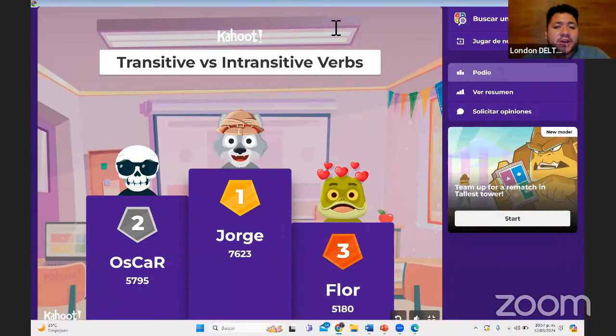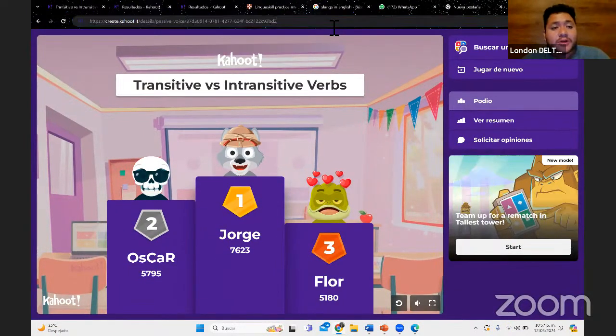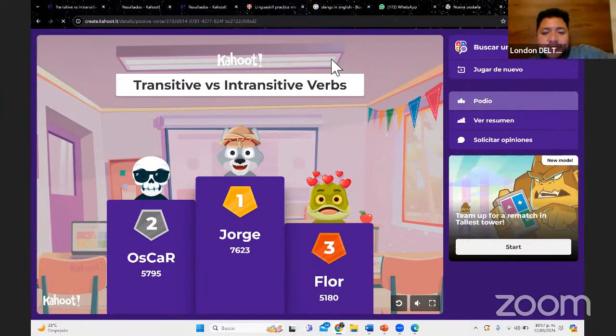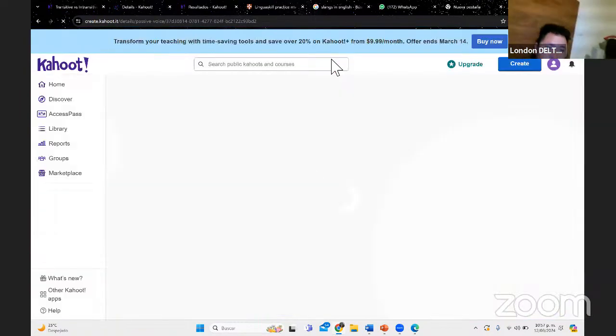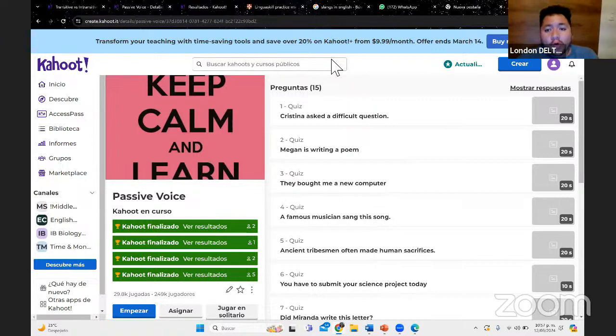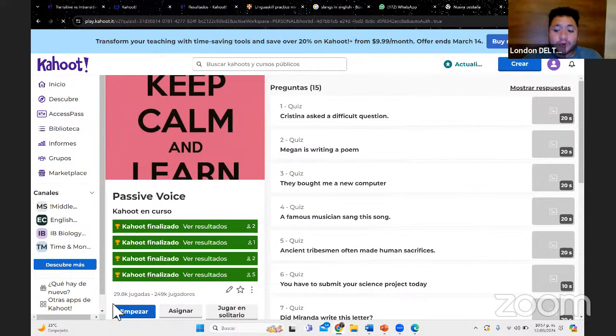And there are verbs, como el ejemplo que nos había comentado Flor, grow, el verbo crecer. Puede ser transitivo o intransitivo, right? It depends on the context. If you say, I grow as a person, or, my hair grows. So according to the context, the verb can be transitive or intransitive.